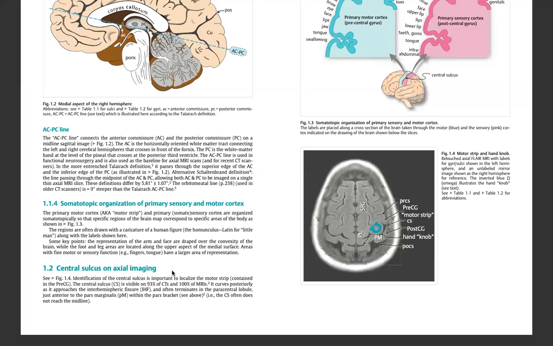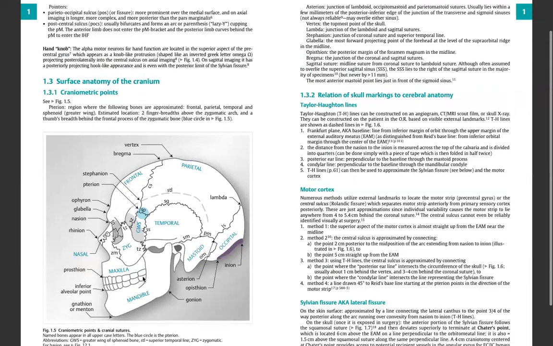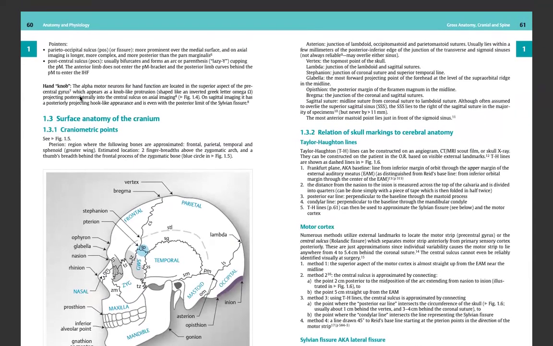All right, so the next is the parieto-occipital sulcus, which is more prominent over the medial surface, and on axial imaging is longer, more complex, and more posterior than the pars marginalis. The post-central sulcus usually bifurcates and forms parentheses, like a lazy Y, copying the pars marginalis.